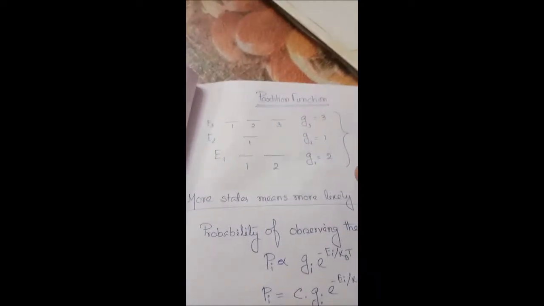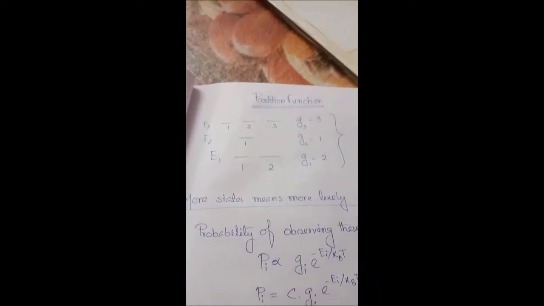Now if I come back to the earlier picture, I have said that more states means more likely to be occupied. So I am drawing the levels of the energy states.